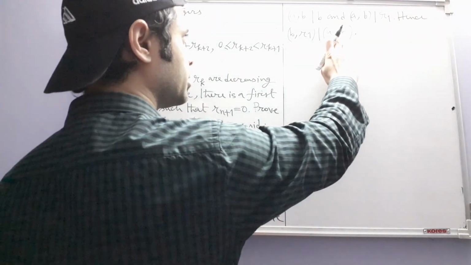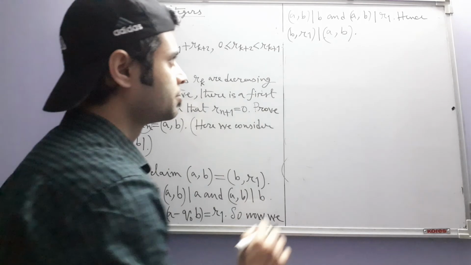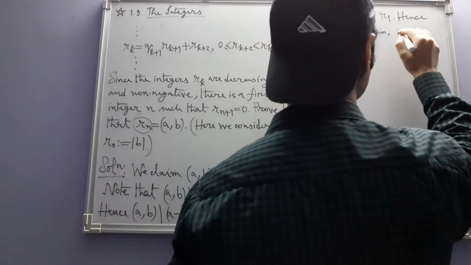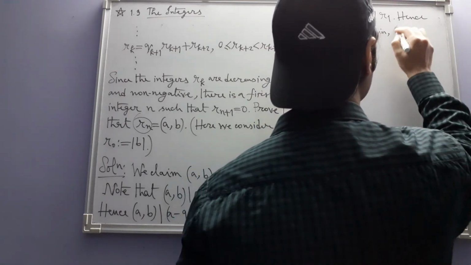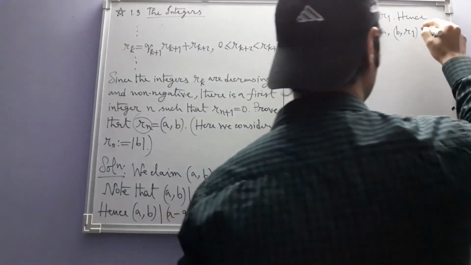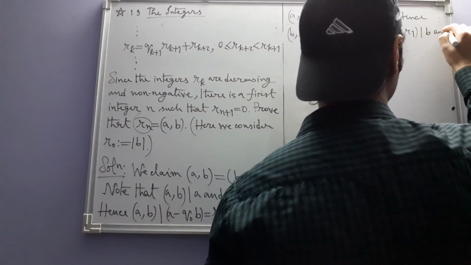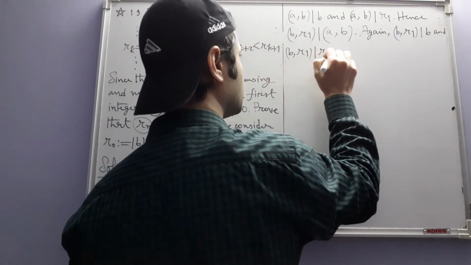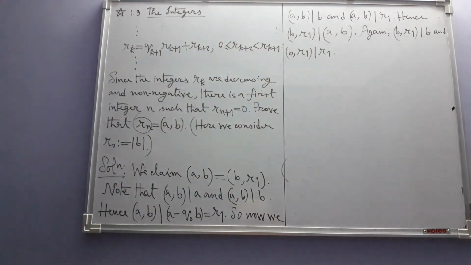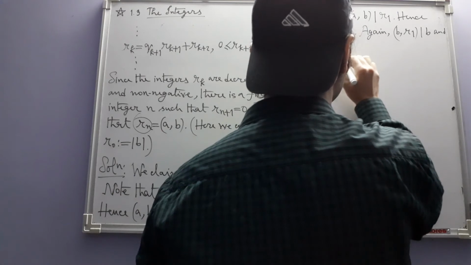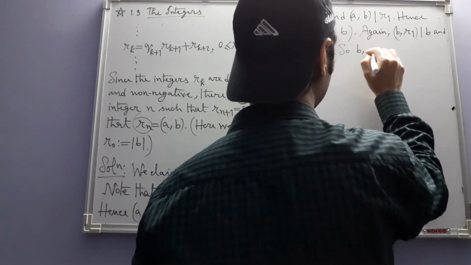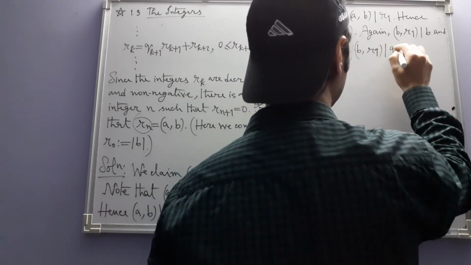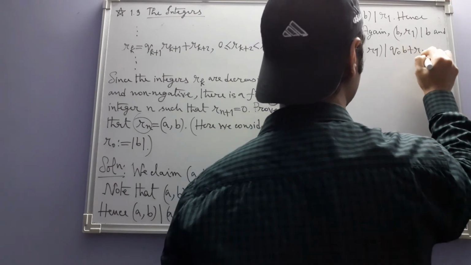Like that, we will now show that this also divides this. Again, according to the definition of the greatest common divisor, this divides B and this divides R1, right? So this divides Q naught B plus R1.